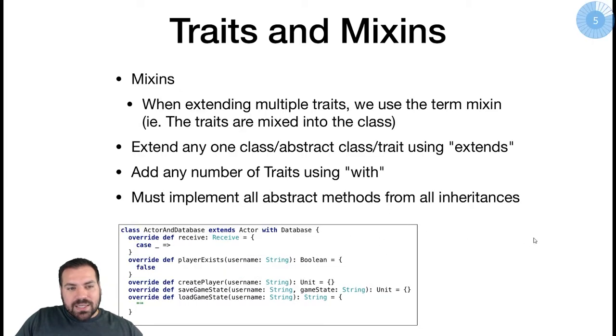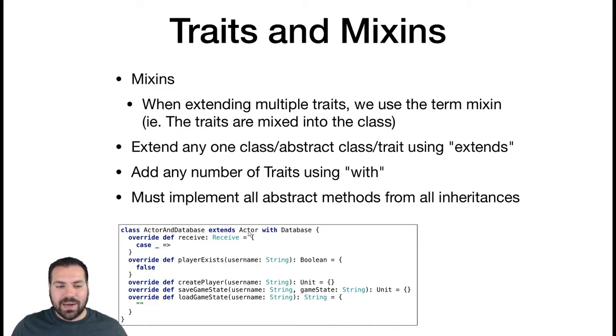And now with traits, we can extend any number of traits. Where we can only extend one class, we can extend many traits, as many as we want, using the keyword with. So since database is a trait, we could just extend database, or if we want multiple inheritance, we're going to create a class, extend just one, whatever class we want to extend.